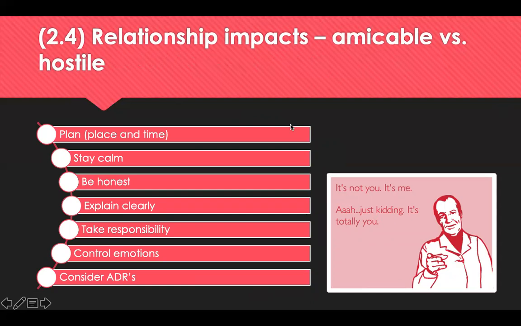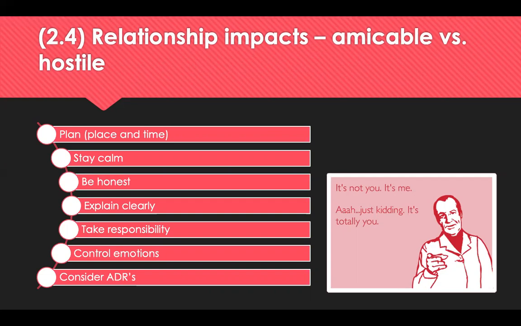Now, relationship impacts can be either amicable or hostile. So when terminating the relationship, it is important to handle the situation delicately. There should be an appropriate time and place to inform the supplier of the termination, and that's to avoid a potential confrontation in an uncomfortable environment. It's important for participants to stay calm and avoid any negative behaviour.